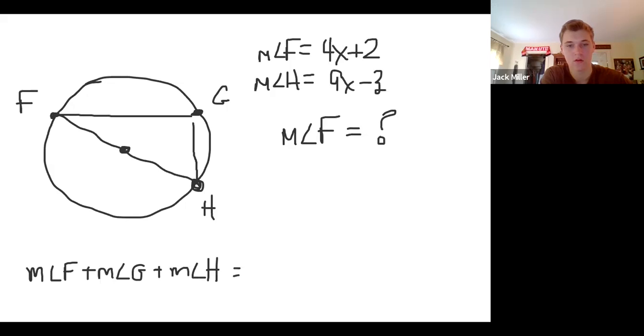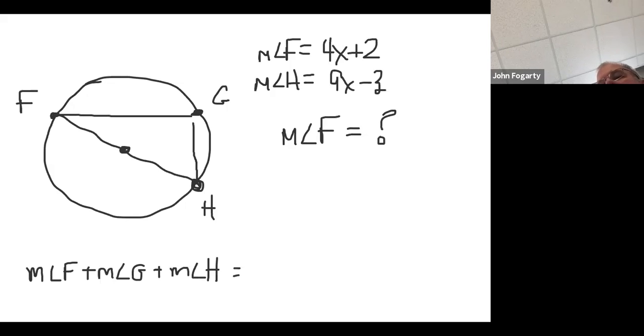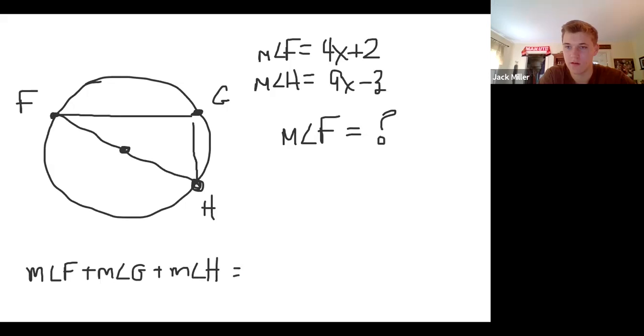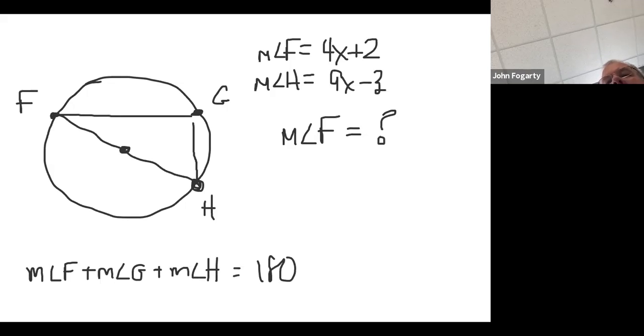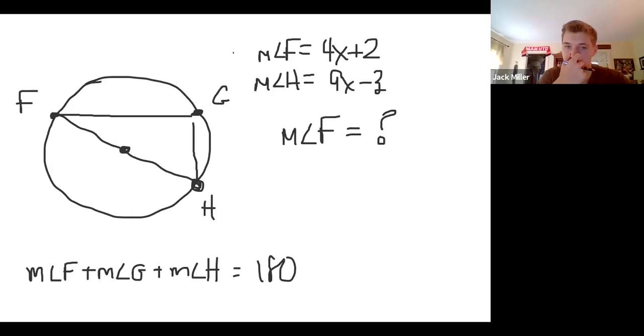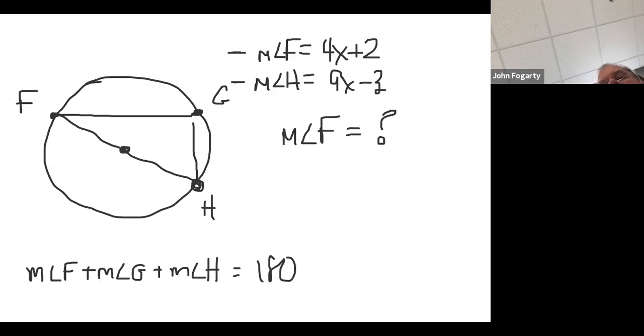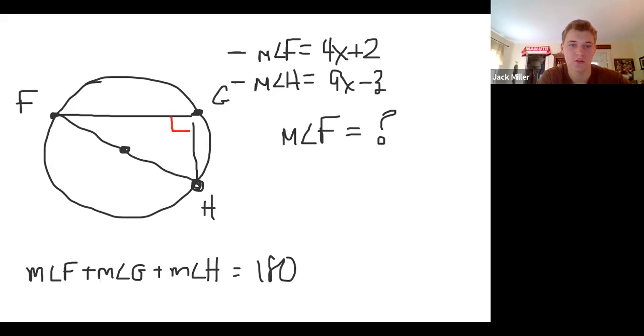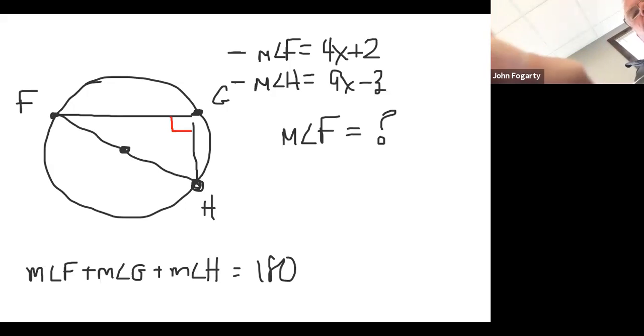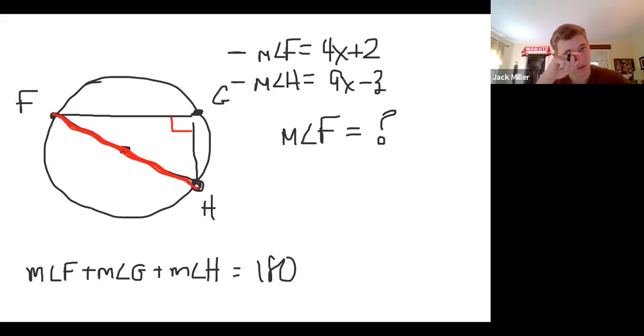What do you know about the three angles of a triangle? Add up to 180. Good. Now look what I know. I know F and I know H. Fellas, do I know G? 90. Yeah. How do you know G is 90? What does it cut? The diameter. There you go.